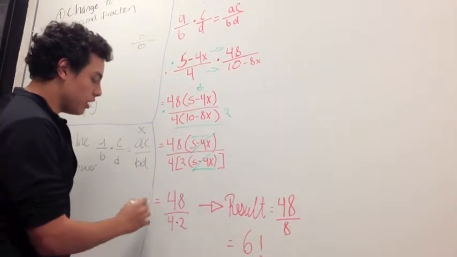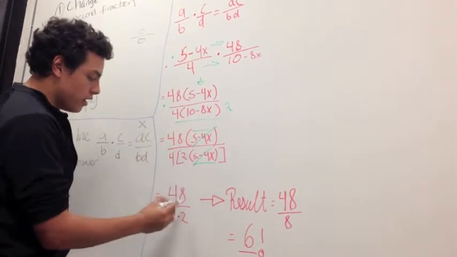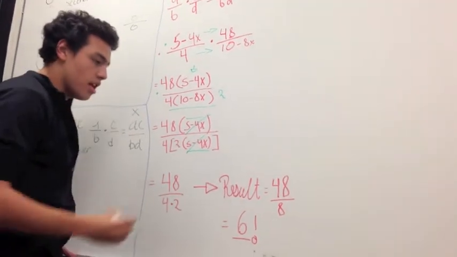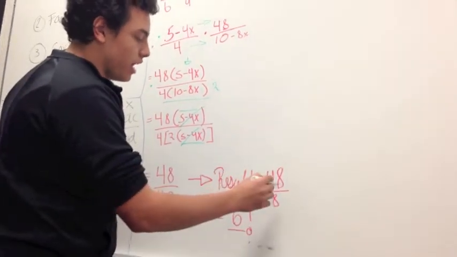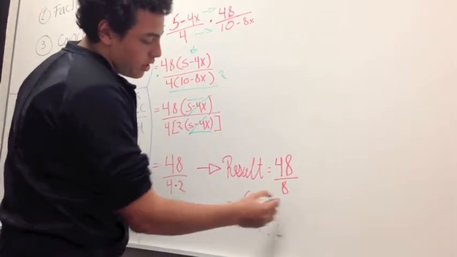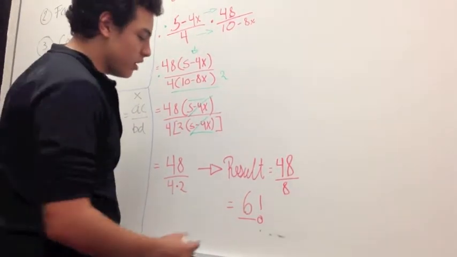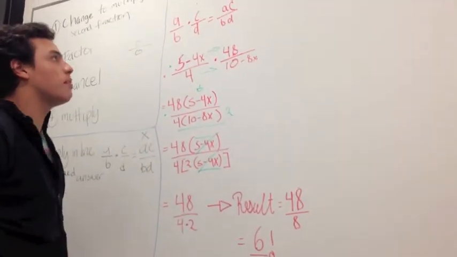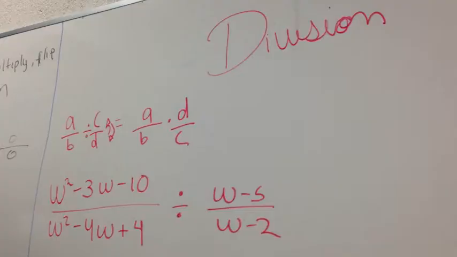So this will yield 48 over 4 times 2. That will give a result of 48 over 8, which simplified is 6. And that is how you solve a multiplication of rational fractions.